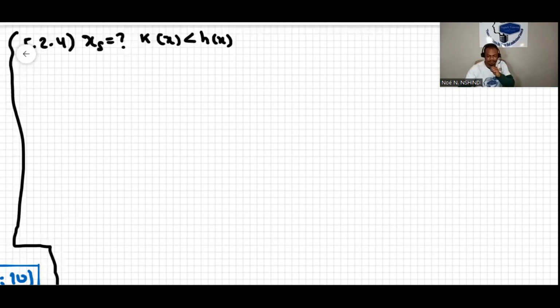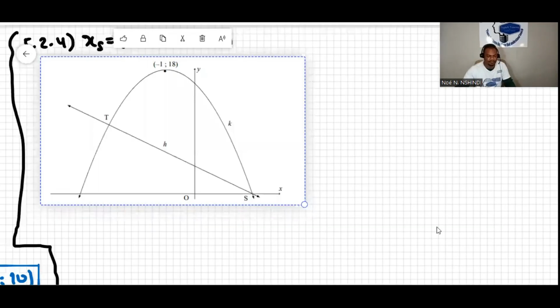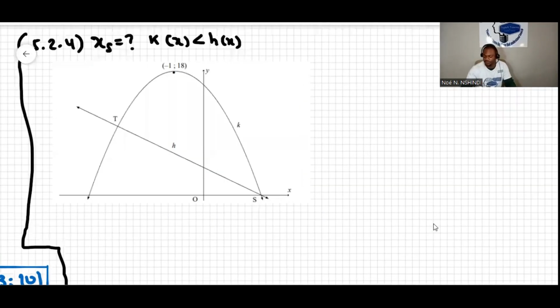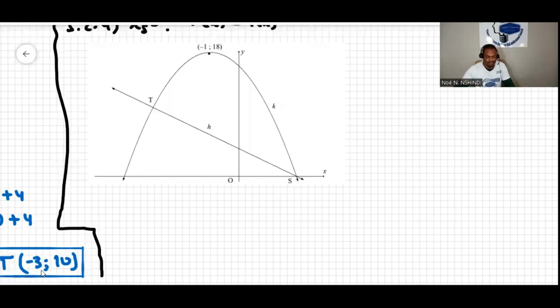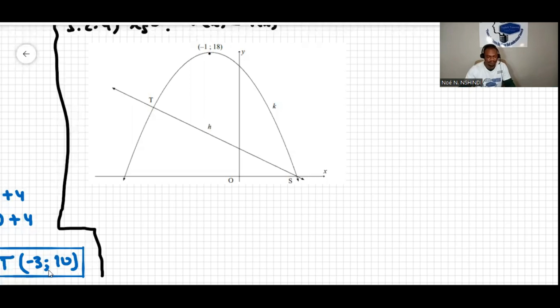Earlier we did find that the point t is -3, 10. This point here is -3, 10, and then this point also is 2, 0.